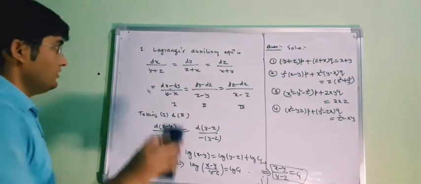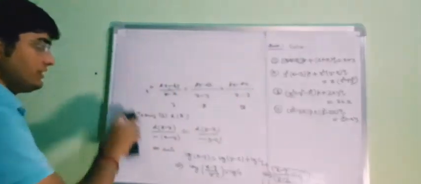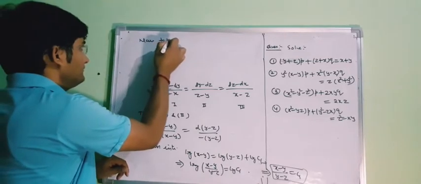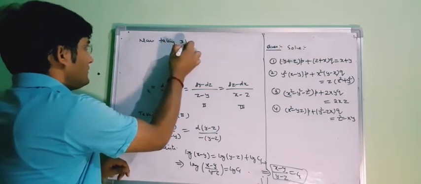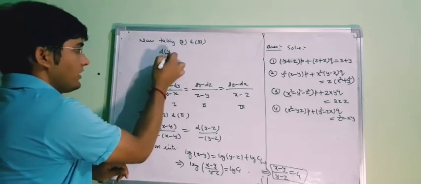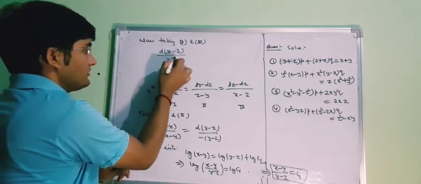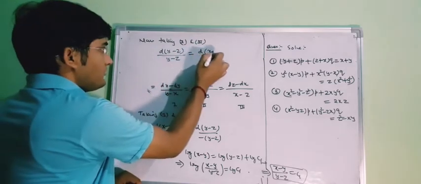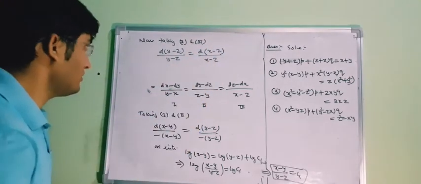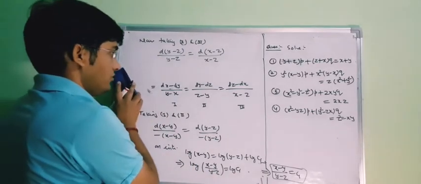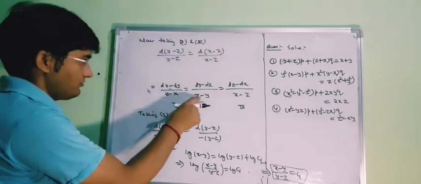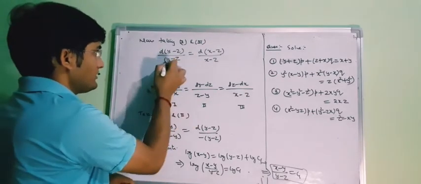Then now let us take second term and third term. Taking second and third term, we get d of y minus z divided by y minus z equal to d of x minus z upon x minus z, and now here we will have to take minus sign common.